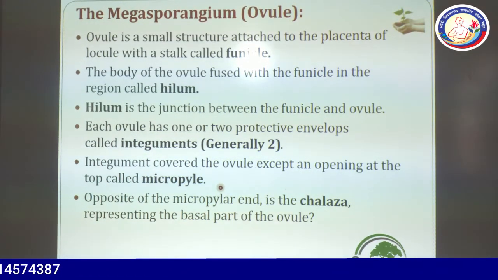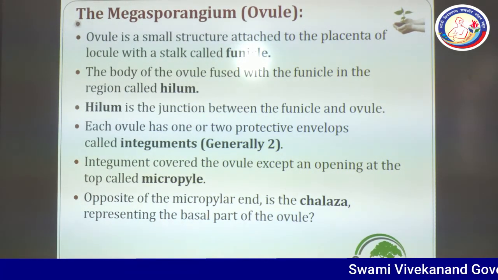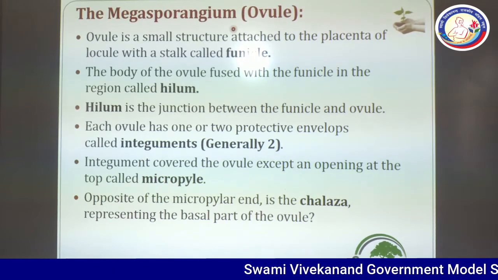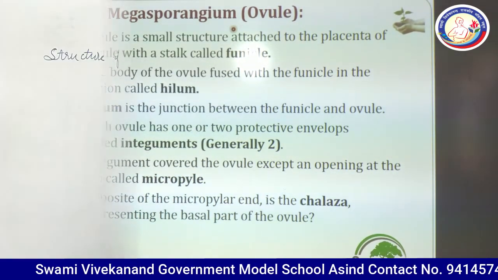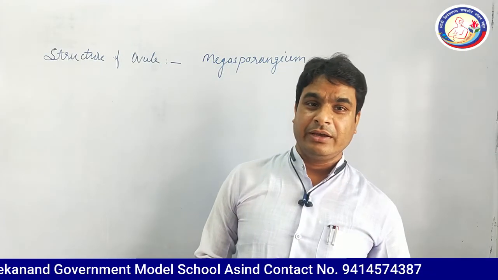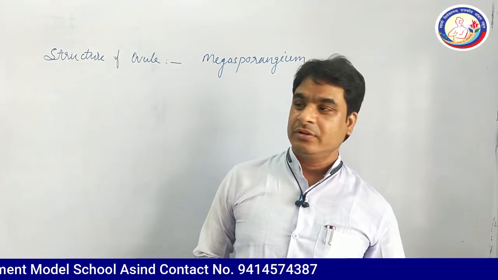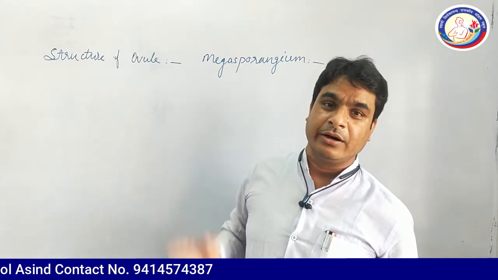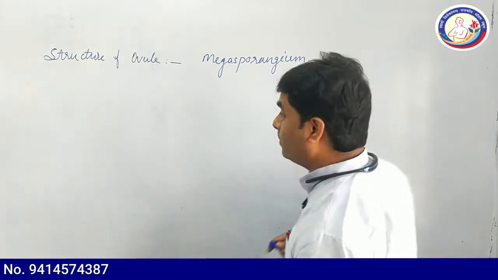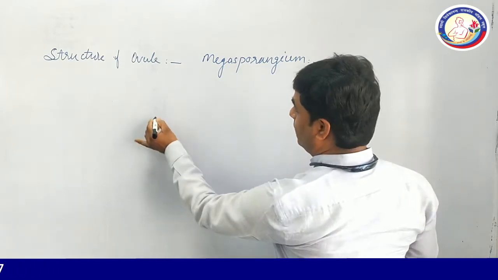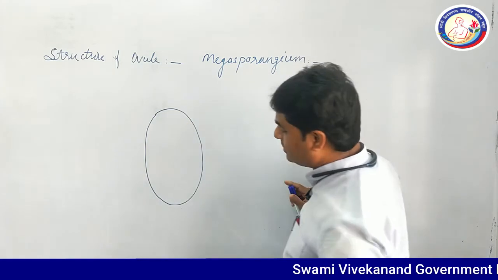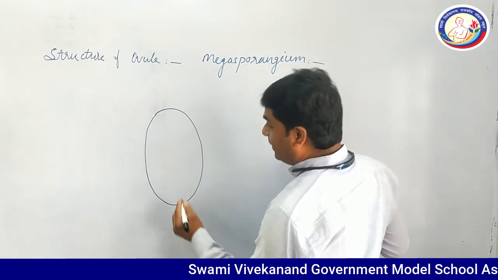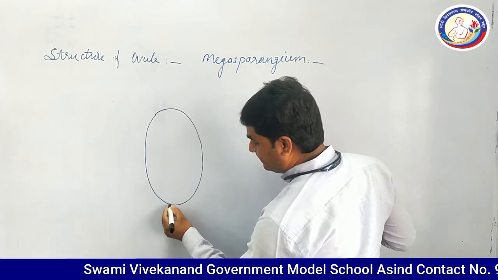Now, we will discuss the ovule. It is also known as megasporangium. So, have a look at the structure of the ovule. It is also known as megasporangium. In most plants, the ovule is a spherical structure, and its description is here.